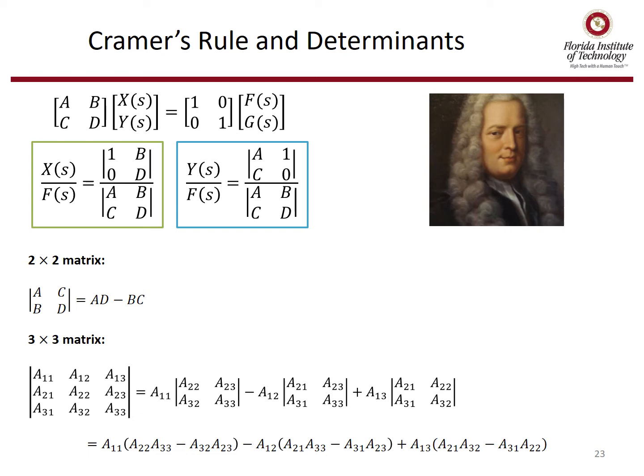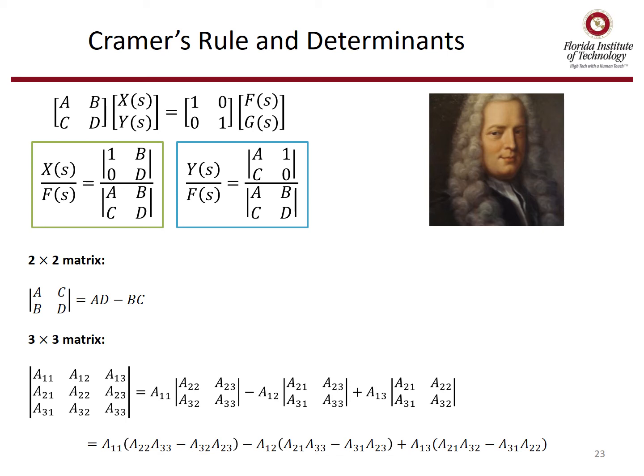But first, I have different states. For this generic example, we can have a state x or we can have a state y. To figure out what the transfer function of state x to input f is, I use Cramer's Rule, which involves the determinant of [1 b; 0 d] divided by the determinant of [a b; c d], and that's shown in the green box.